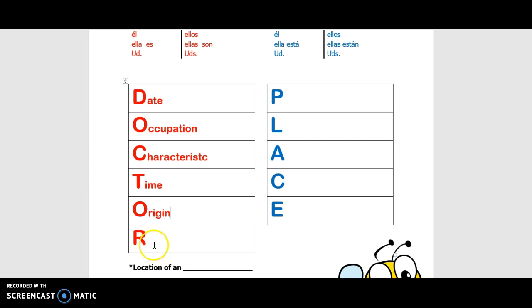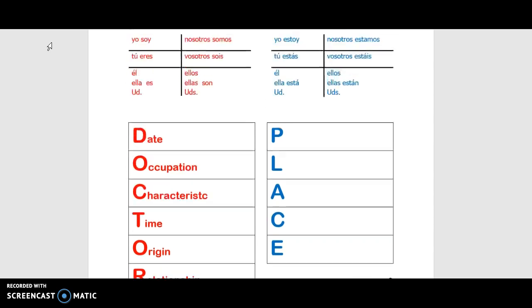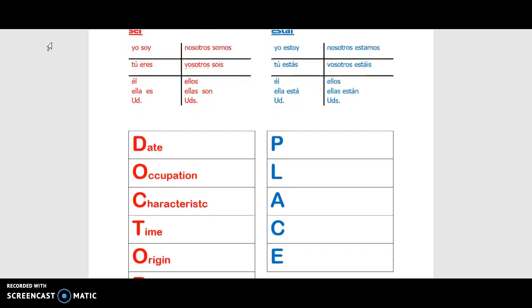Where you're from. And the final one stands for the letter R, relationships. So somebody is your cousin, your nephew, your uncle, your friend, your relationship. And those all use a form of ser.